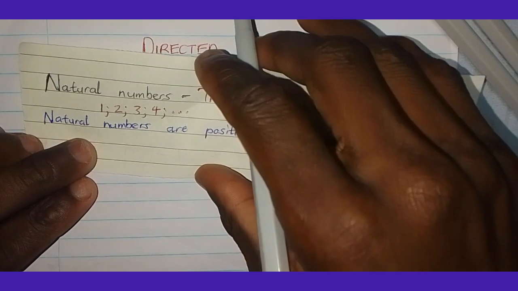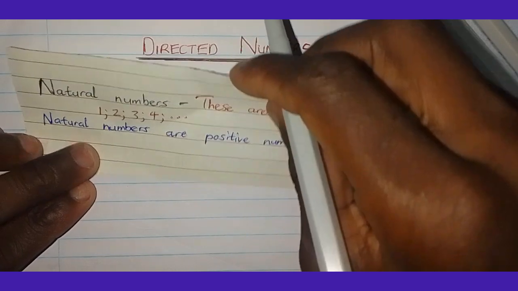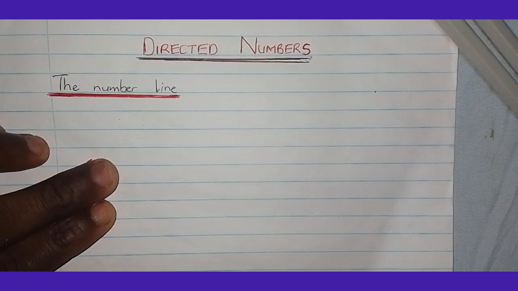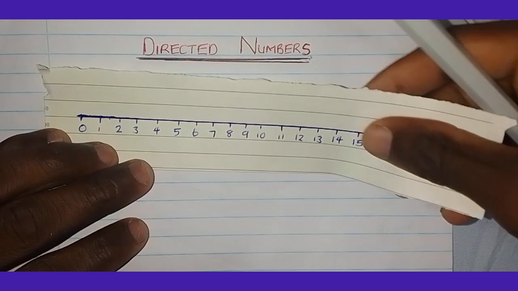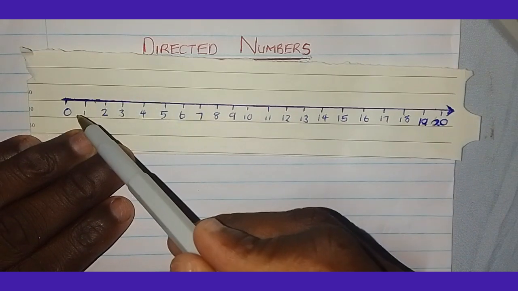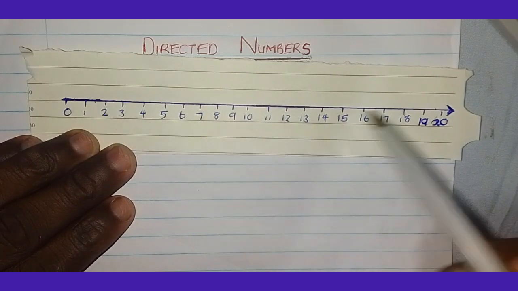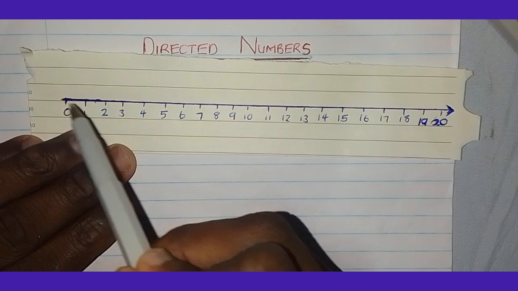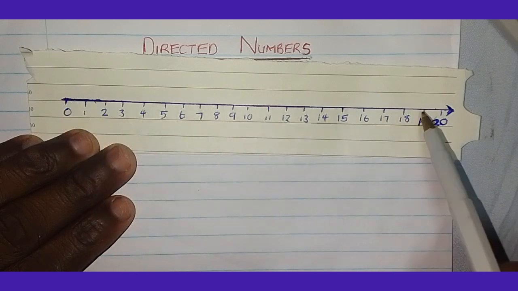Now, let me give you an example of what we call a number line. Here is an example of a number line. It starts from 0, 1, 2, up to 20. These are all natural numbers up to 20.